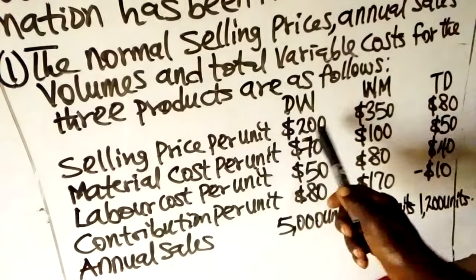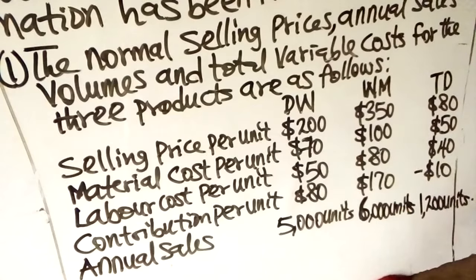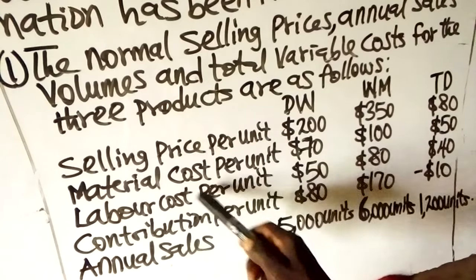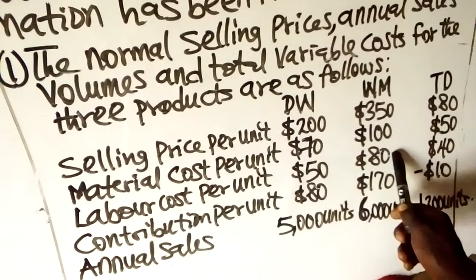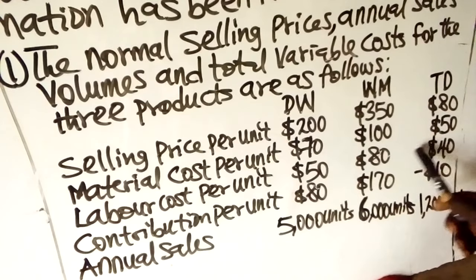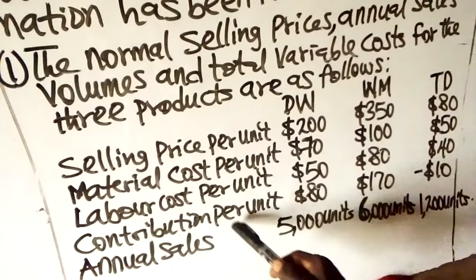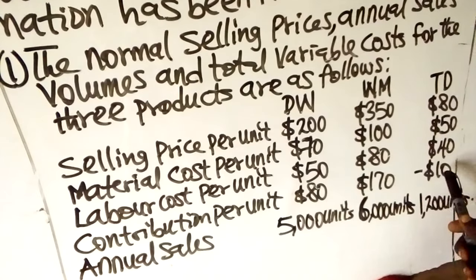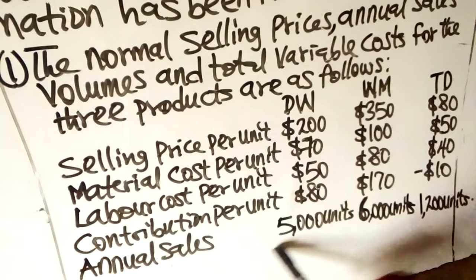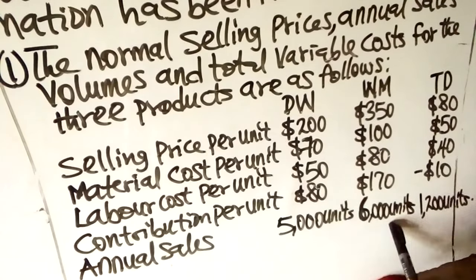Material cost per unit: $70, $800 and $50. Labor cost per unit: $50, $80 and $40. Contribution per unit: $80, $170 and minus $10. Annual sales: 5,000 units, 6,000 units and 1,200 units.